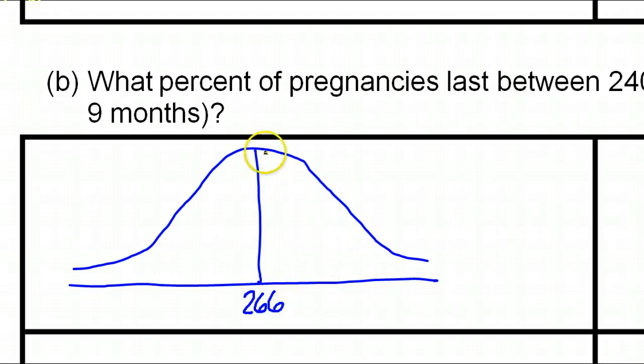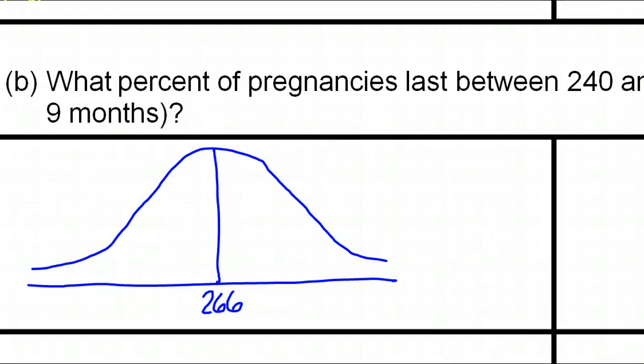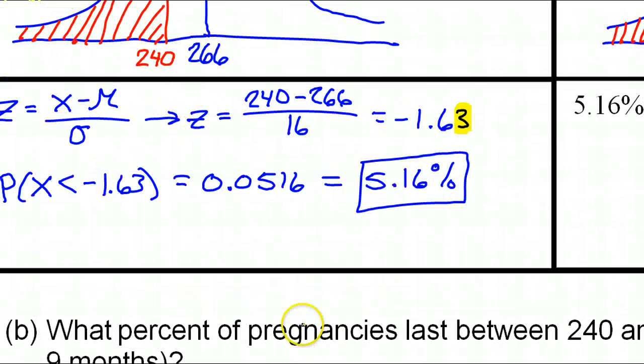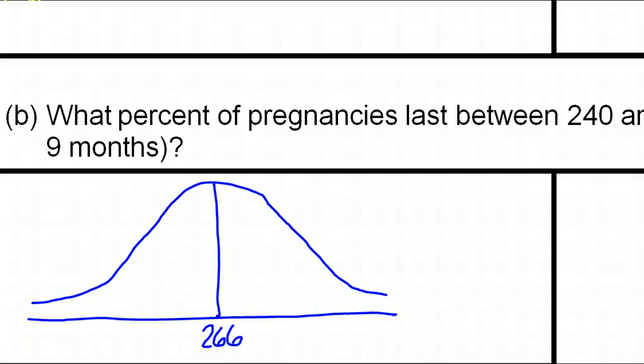So it says between 240 and 270. Isn't 240 the value we just did? That's helpful because we already did that value. So 240 is over here, obviously. Now 270 will be over here somewhere.